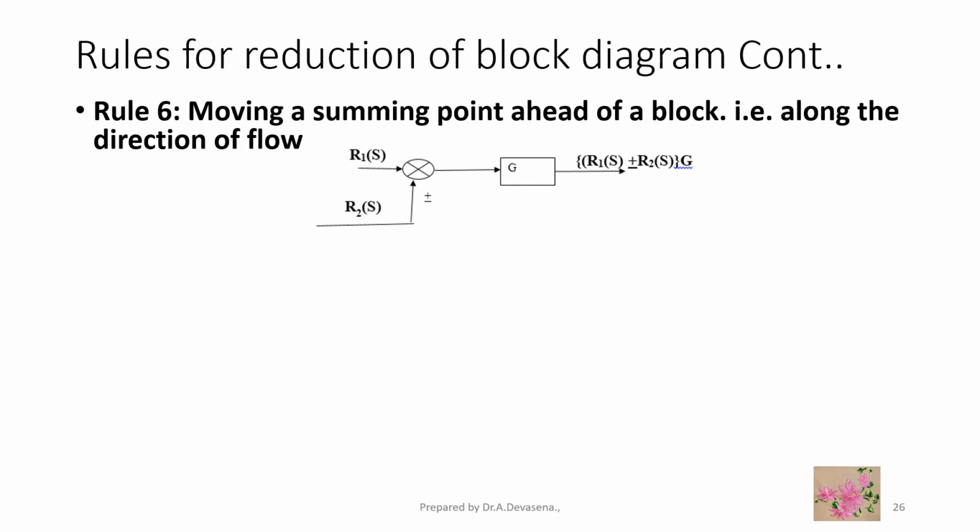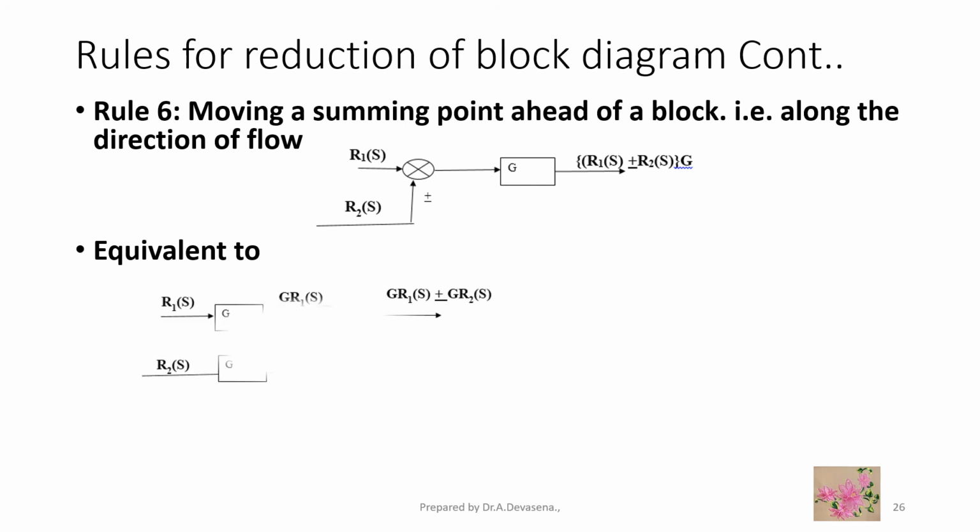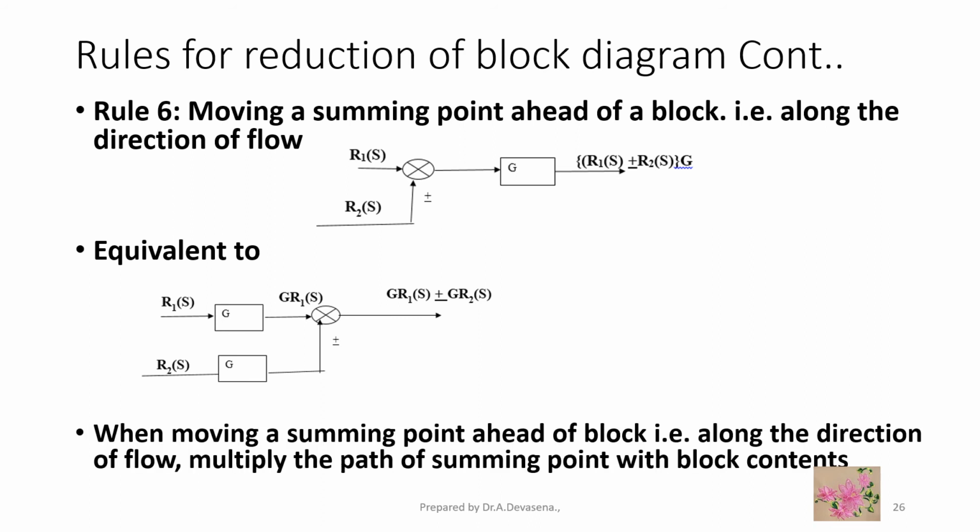After shifting the summing point ahead of the block, the equivalent diagram is shown here. This is the representation after shifting the summing point ahead of the block. That is, when moving a summing point ahead of a block, that is along the direction of the flow, multiply the path of the summing point with the block contents.